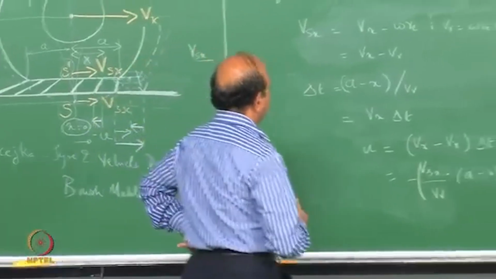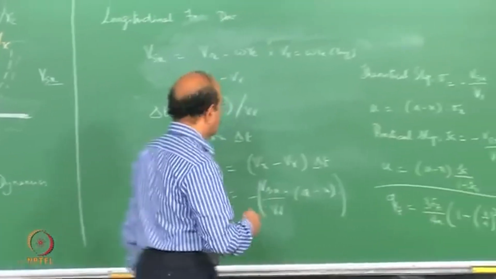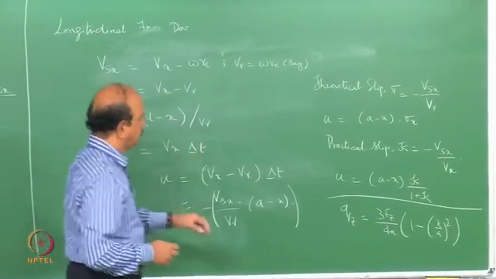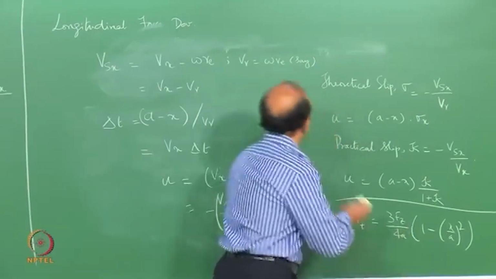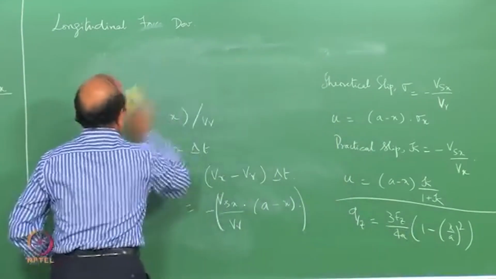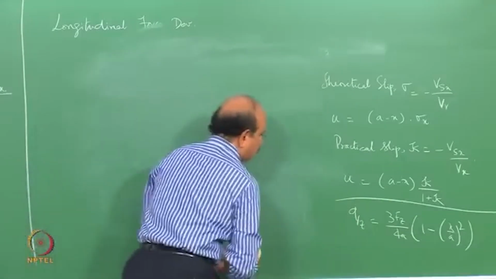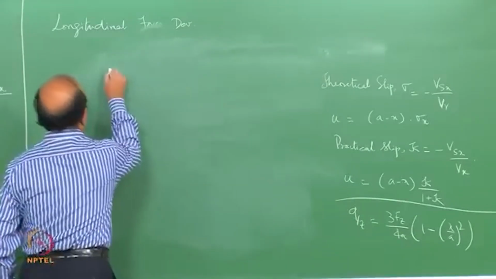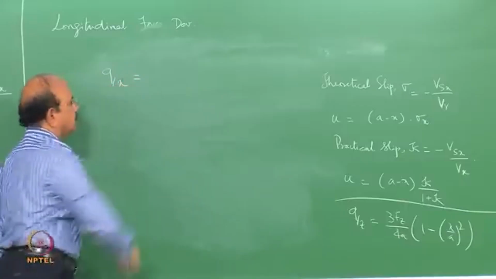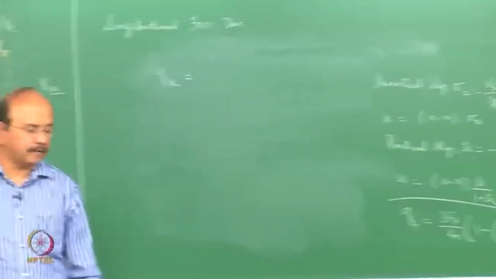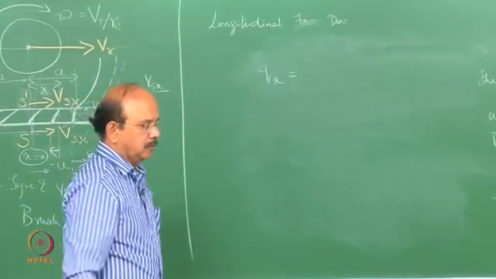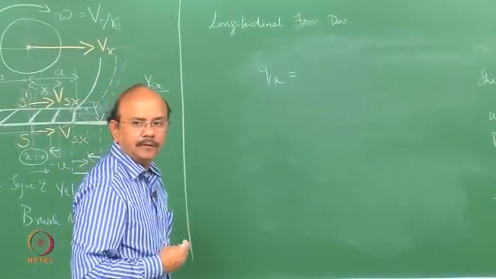So let me now get to Qx. These two are fine. Qx is quite simple. What's the way we write it? Qx is what?